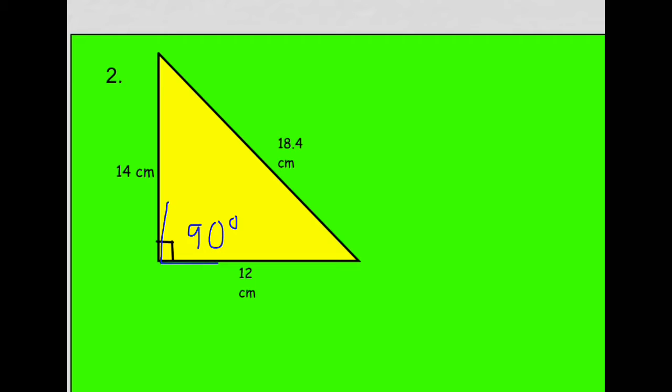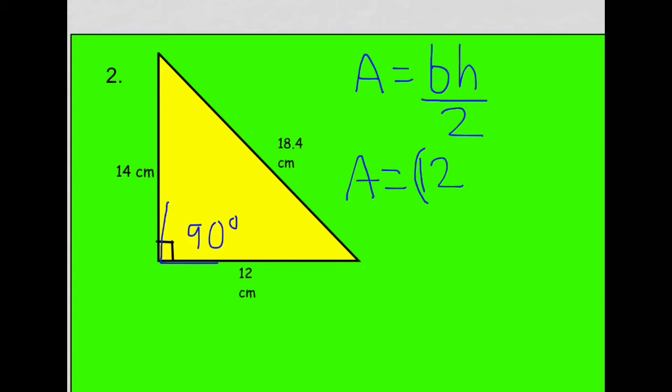So I write down my math equation. A equals base times height, divide by 2. A equals 12 multiplied by 14, divide by 2. Now, I could go ahead and do 12 times 14 first, and then divide that answer by 2, and that would be just fine.